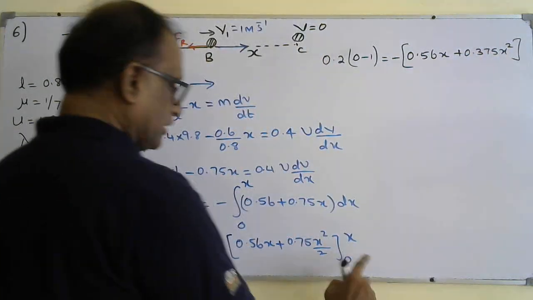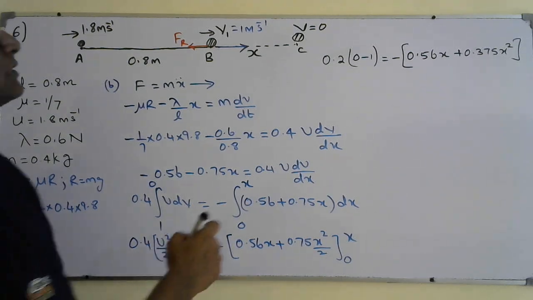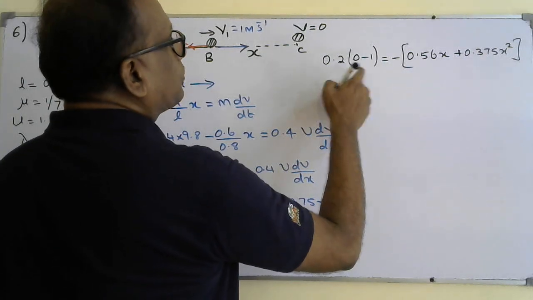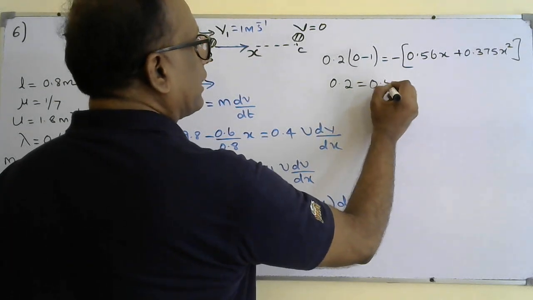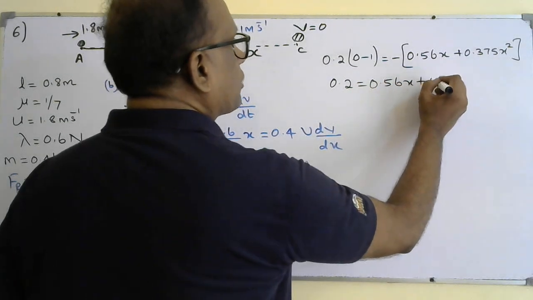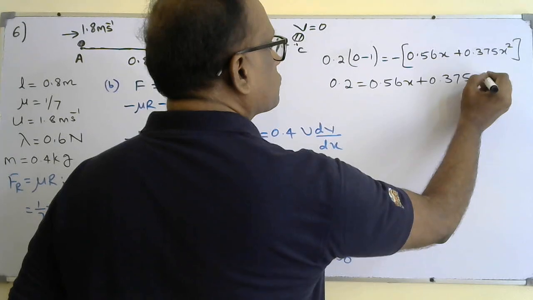When you put 0, both will become 0. So when you substitute the minus sign here, this will become 0.2. So 0.2 equals 0.56x plus 0.375 x squared.